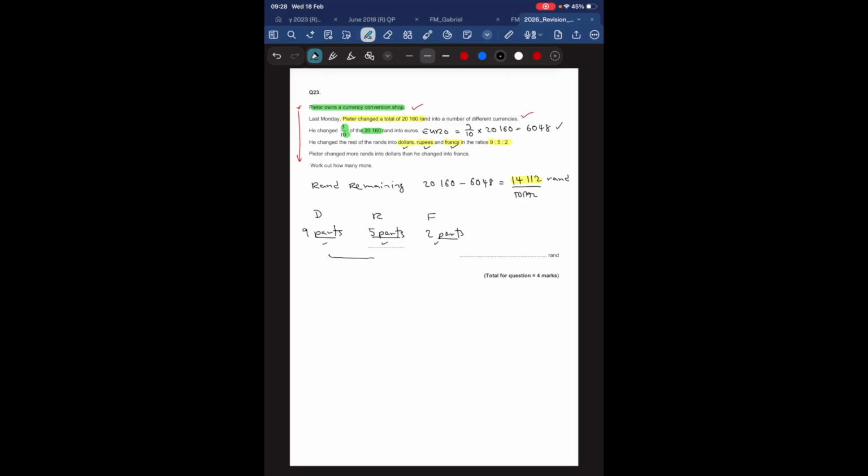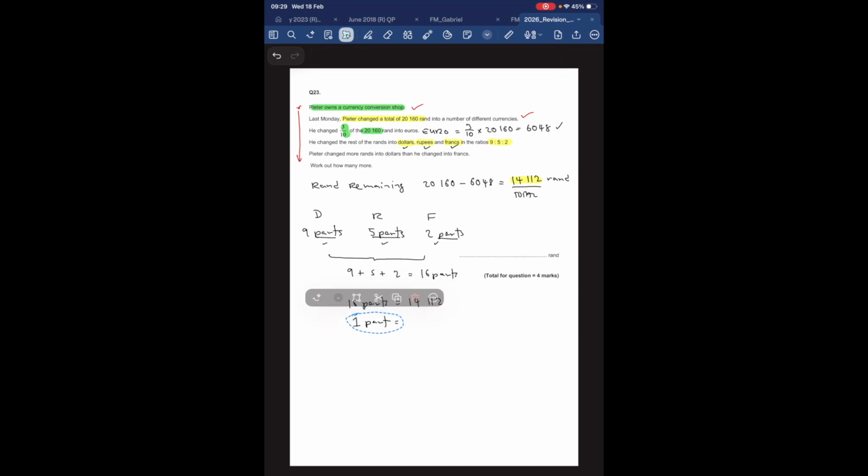So the total number of parts, if we add them up together, will basically give us 9 plus 5 plus 2. That's going to give us a total of 16 parts. So 16 parts is equal to 14,112 Rand. We can work out the value for 1 part by just doing a simple division.